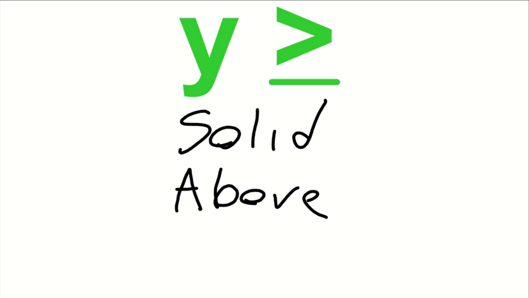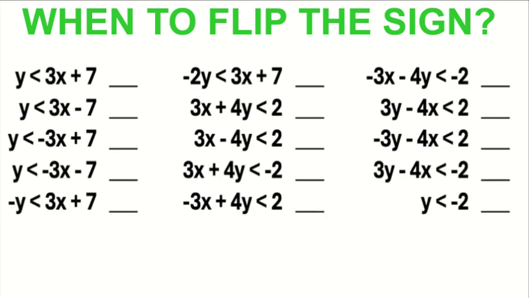All right, so where it gets a little trickier is sometimes we're flipping them. So when do we flip the sign? We're going to look at each of these. First one here, we'll start there. Are we flipping the sign? No. What about the second one?